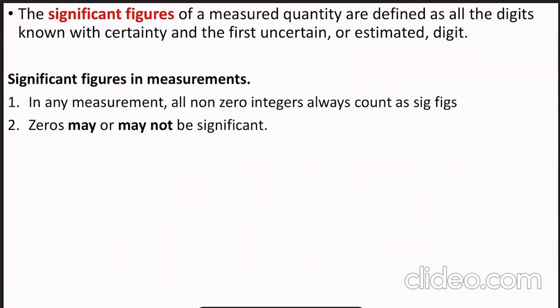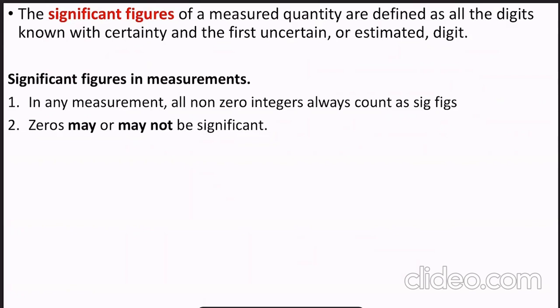So if we're looking at measurements, some values in our measurements are what we're going to consider significant, and some are what we're going to consider insignificant. Any non-zero number is always significant. What do I mean by non-zero number? Easy. It's any number that's just not zero: 1, 2, 3, 4, 5, 6, 7, 8, 9.